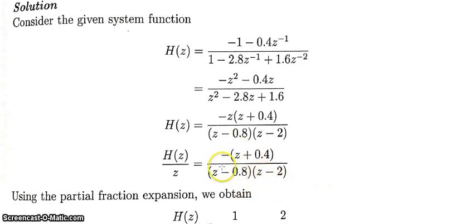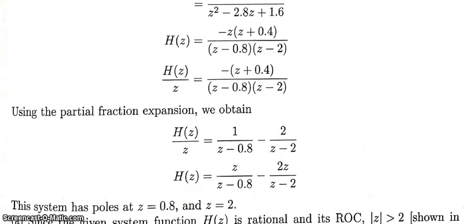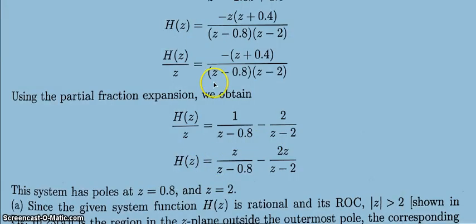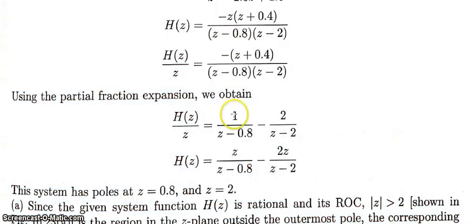This entire term can be expanded using partial fractions, and on expansion we get H of Z by Z equal to 1 divided by Z minus 0.8 minus 2 divided by Z minus 2. Therefore H of Z is equal to Z by Z minus 0.8 minus 2Z divided by Z minus 2. Now we can understand that the poles of this given system are located at Z equal to 0.8 and Z equal to 2.